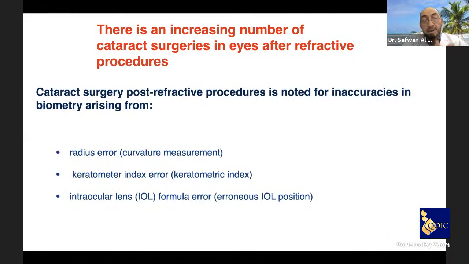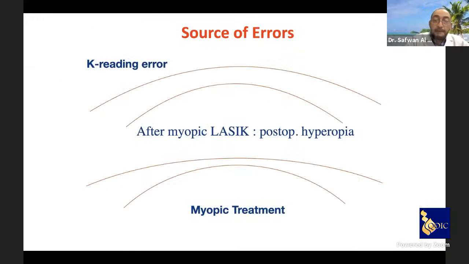That error comes from the radius error in curvature measurement, keratometric index error, intraocular lens formula error, and erroneous IOL position. So what is the source of error after myopia?